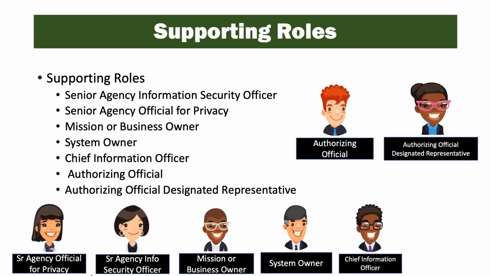Supporting roles include the senior agency information security officer, the senior agency official for privacy, the mission or business owner, the system owner, the chief information officer, the authorizing official, or the authorizing official's designated representative. So you can see there's a lot of people that support this task.